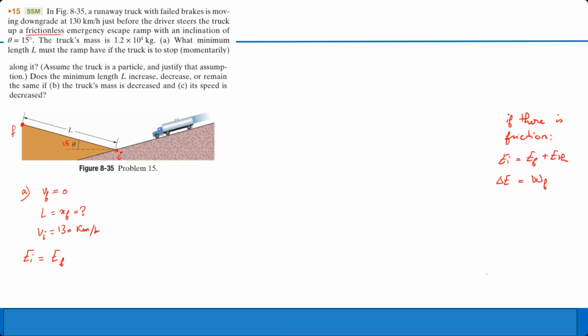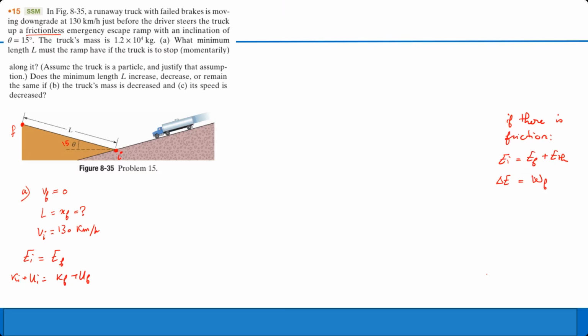Okay, so let's look at our initial point. Before I start substituting Ki and Ui, to substitute U, which is the potential energy, first let's look at what kind of potential energy we have here. We don't have a spring, we have gravitational potential energy because the height of the truck is changing. So that's how I decide what kind of potential energy I have.